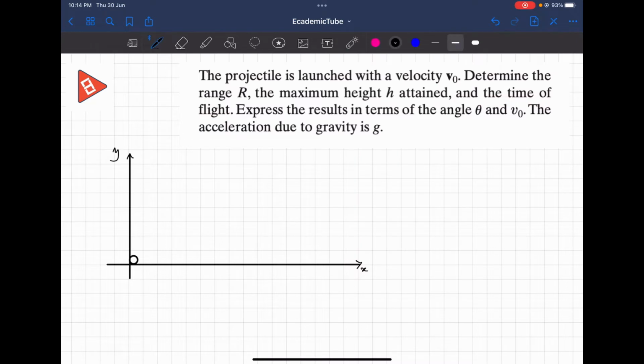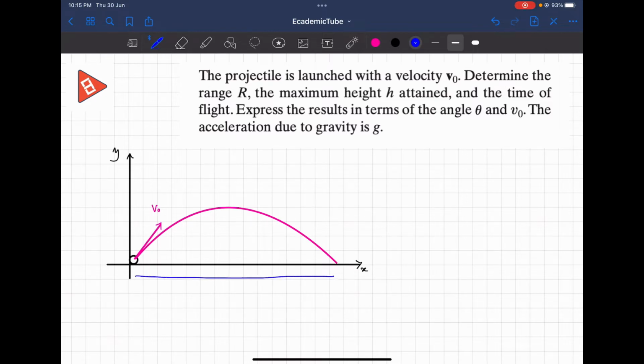So the particle is given a velocity v0, and as this is a projectile, this particle will go in a parabolic path, and the question asks us to determine the range.